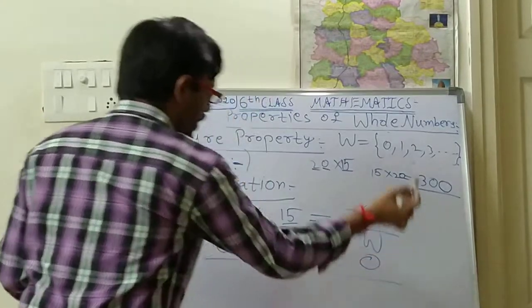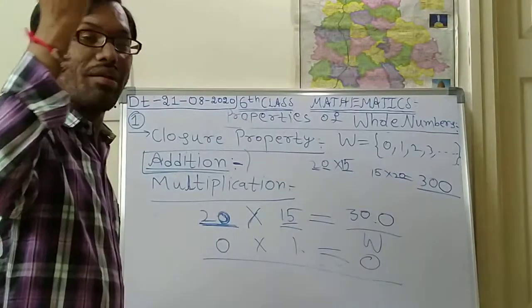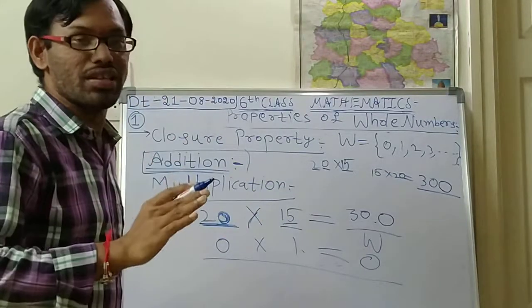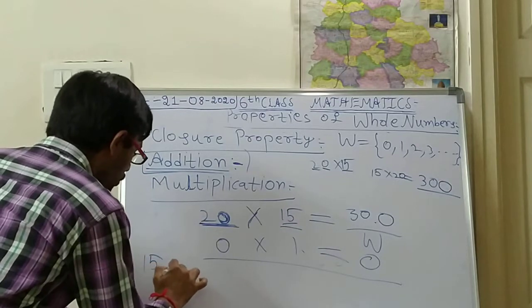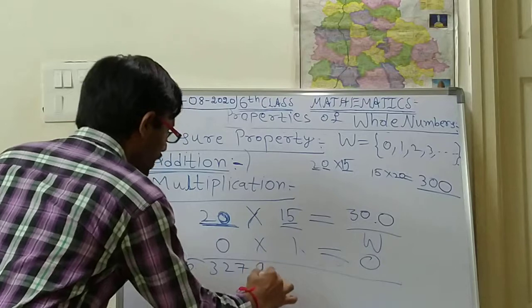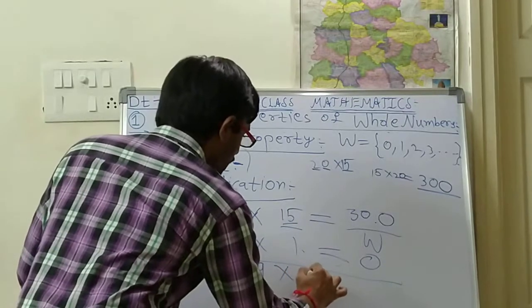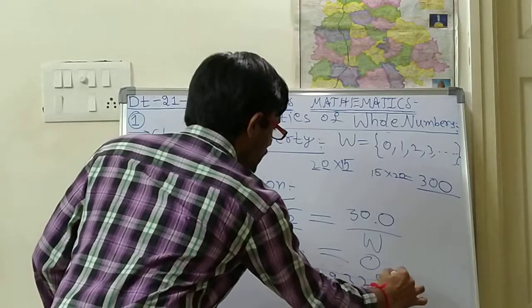So if we are taking any smallest number or any largest number, there will be some result. Is it right, children? So 15, 2, 5, 3, 2, 7, 9 into 1, 7, 9, 3, 2, 9, 7.